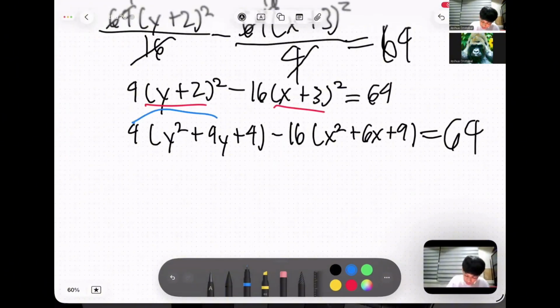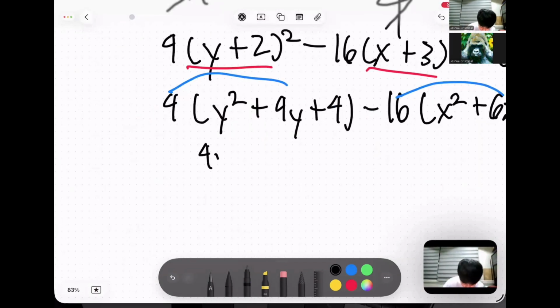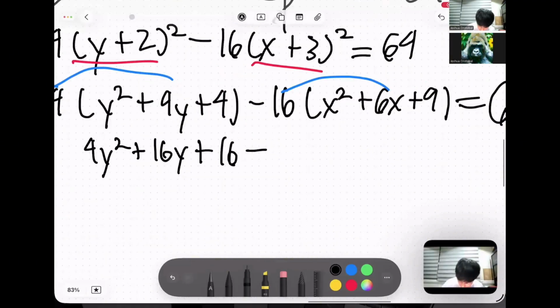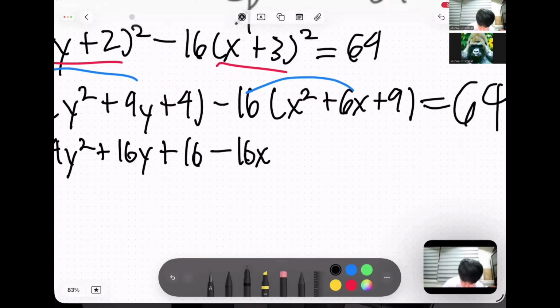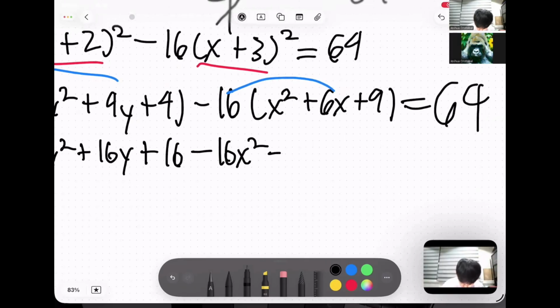After we expand that, the next step will be distributing. We distribute 4 here, distribute negative 16 there. So we got 4y squared plus 16y plus 16, minus 16x squared. Let me distribute: 16 times 6 is 96, so negative 96x.